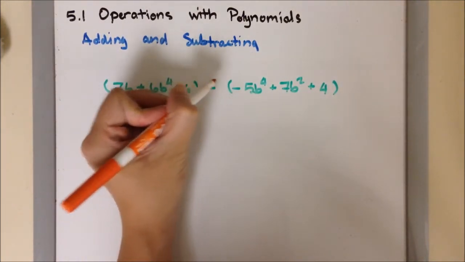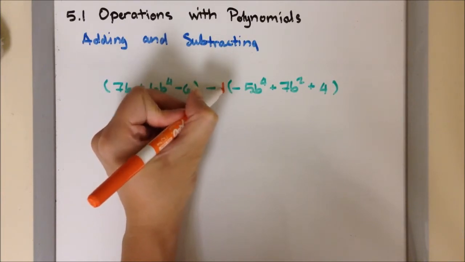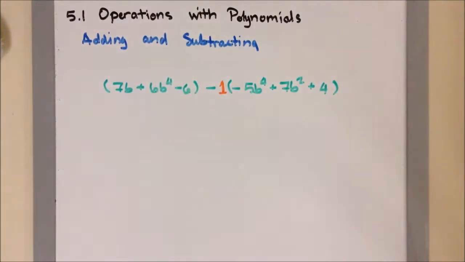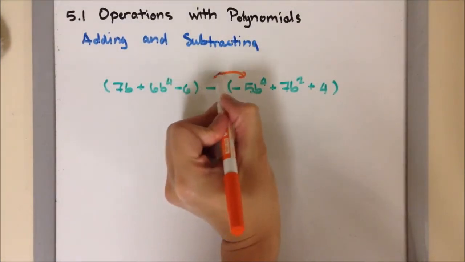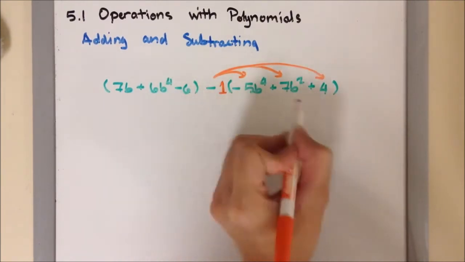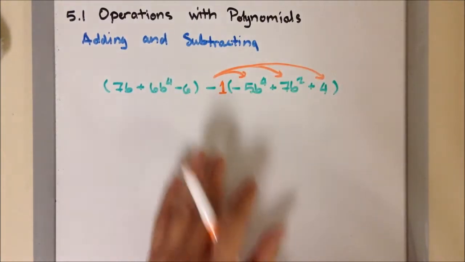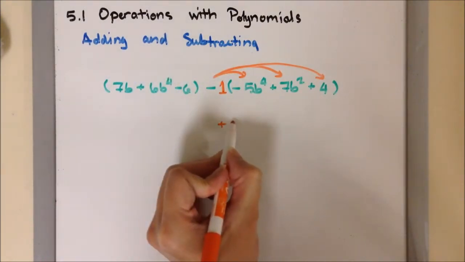Just the same, similar to the process of the previous example, invisible 1. So now I have a negative 1. I'm going to distribute to the terms that the 1 is directly in front of the parenthesis, so this one right here. So negative 1 times negative 5b to the 4th, positive 5b to the 4th.